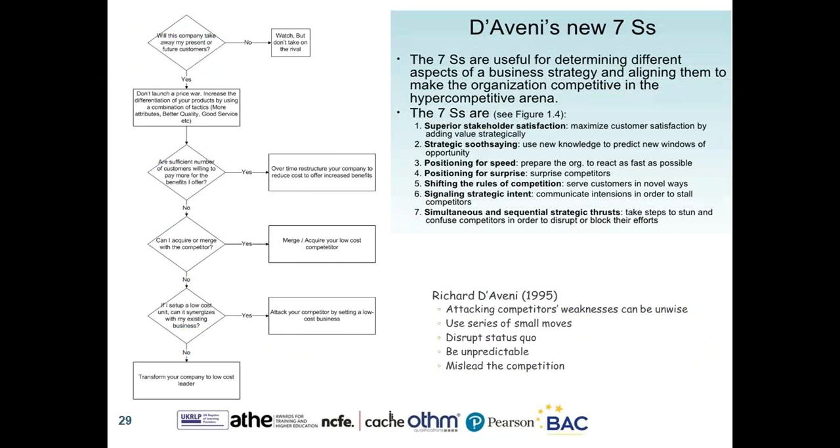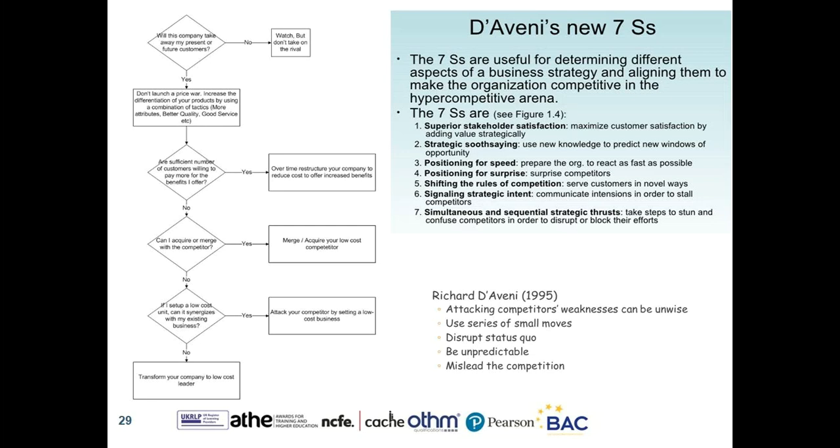Then we have D'Aveni's new 7S approach. 7S we learned about in McKinsey 7S as well. So this is competitive strategy in the hyper competitive arena. We can look at superior stakeholder satisfaction and focus on it.